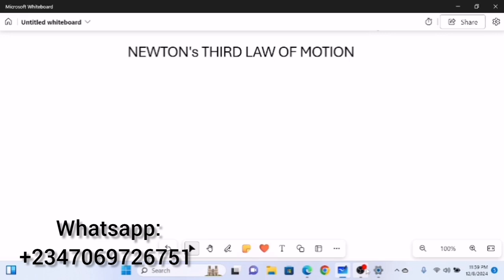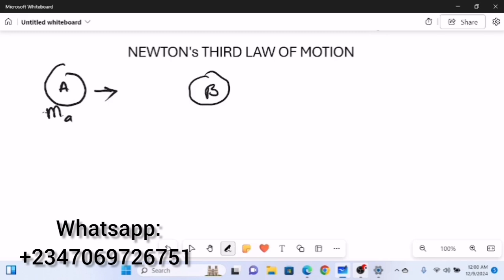So let's say we have two balls. This is ball A, and it has a mass, call that mass MA. Now this ball moves in this direction. Now I have another ball, ball B, and it has a mass, call this mass MB, moving in the opposite direction.